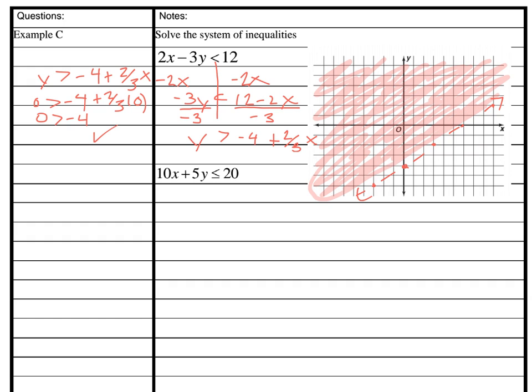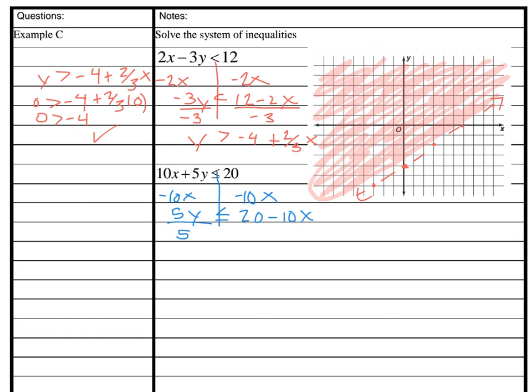Now we need to solve our second inequality for y. So we draw the line down, subtract 10x from both sides, trying to get y by itself, so I have 5y. Subtracting 10x doesn't change my sign, so it stays less than or equal to 20 minus 10x.